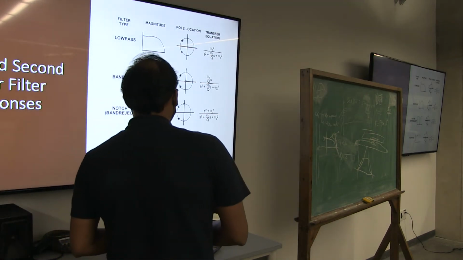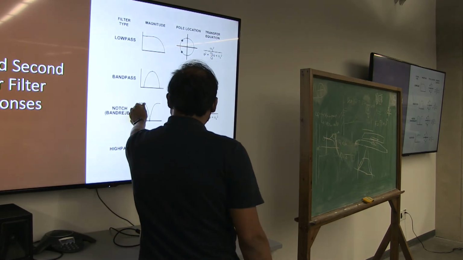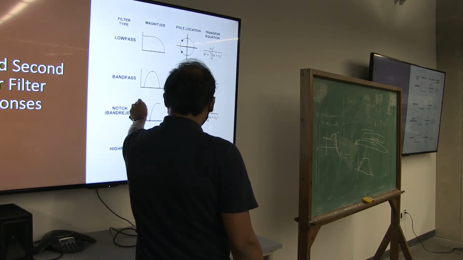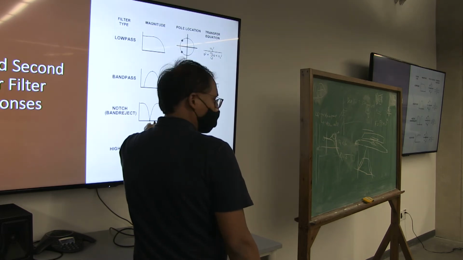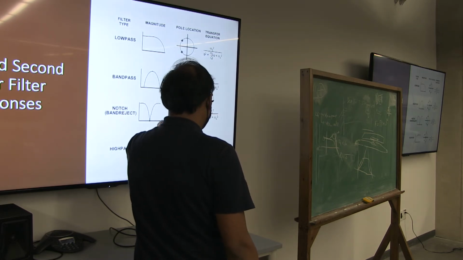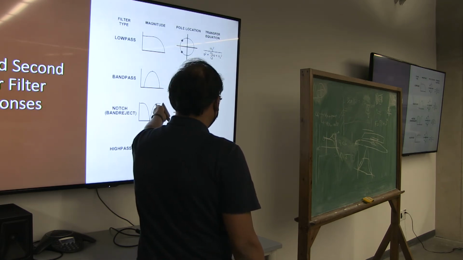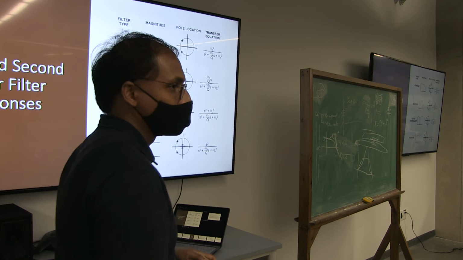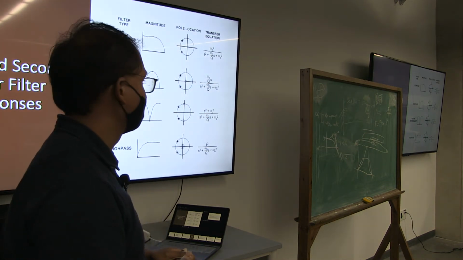So basically here we have a pole, so it starts rolling off, and we have a 0, so it flattens, and again we have a 0, then it starts rising, and then we have a pole, it flattens.